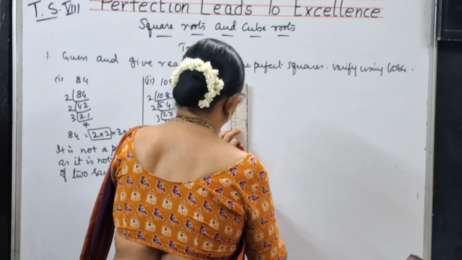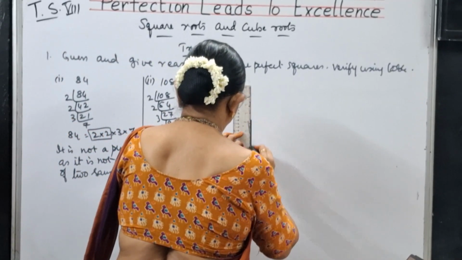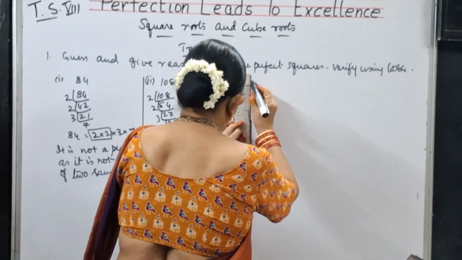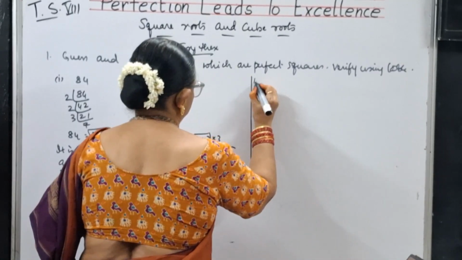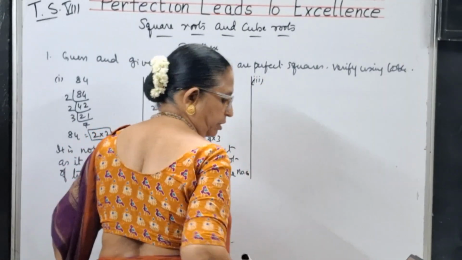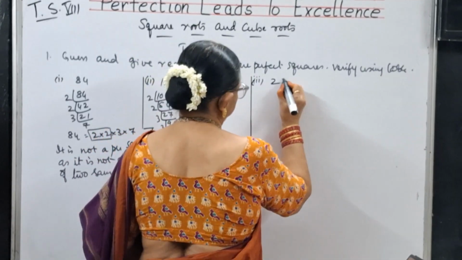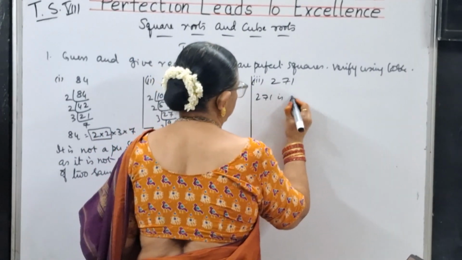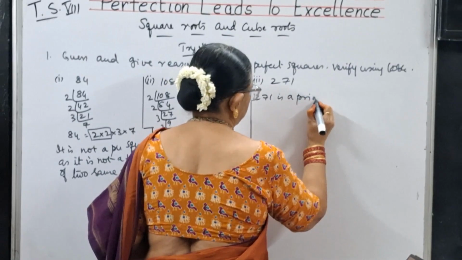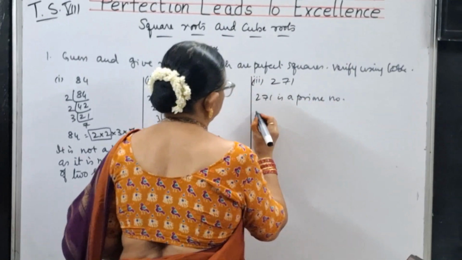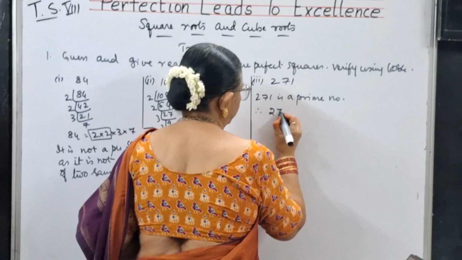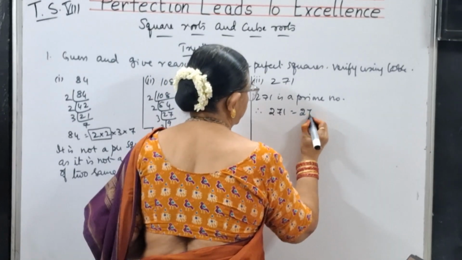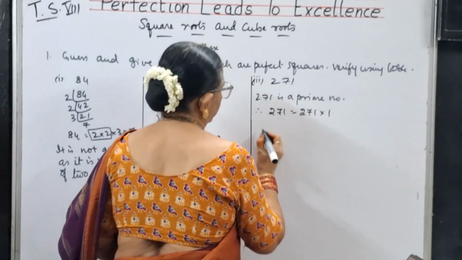Now let us go to the third bit. What is the third bit? 271. See, 271 is a prime number. Therefore, 271 can be written as 271 into 1.